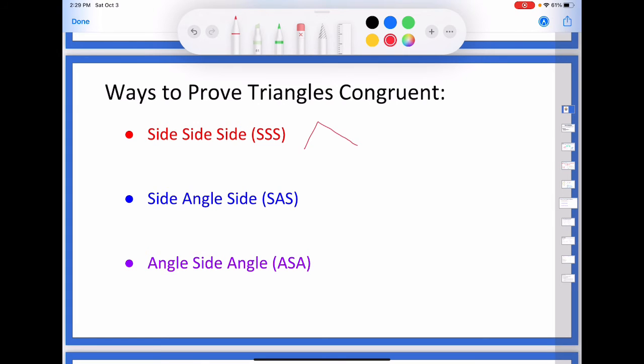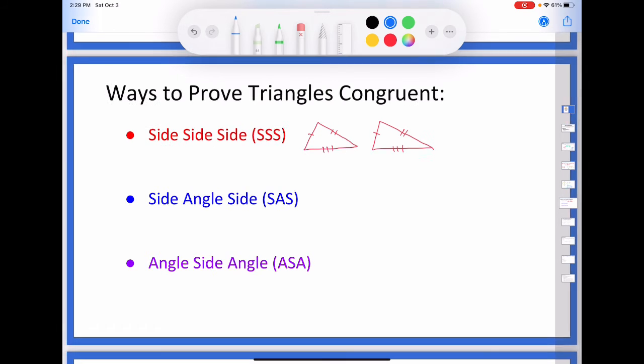So we don't have to prove that all 6 things, all sides and all angles, are congruent. If we just have the 3 pairs of sides congruent, then we'll know that those 2 triangles will be congruent. That means the angles will have to be. So if we know 3 pairs of sides are congruent, then we have congruent triangles.